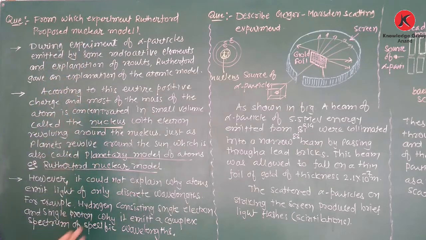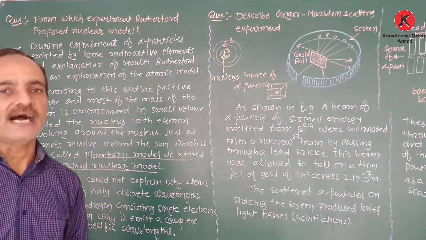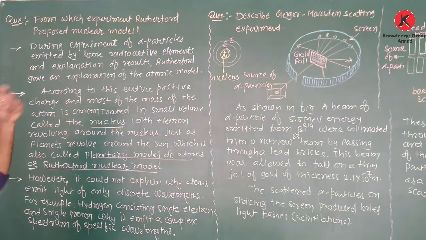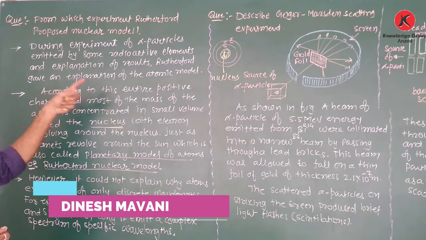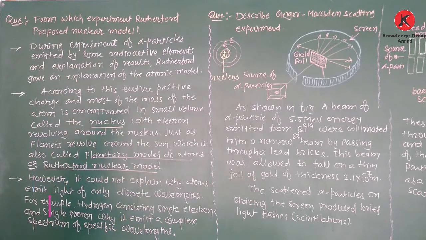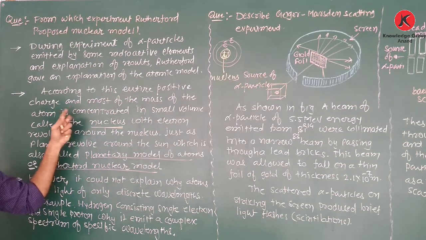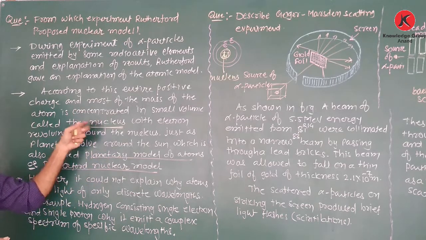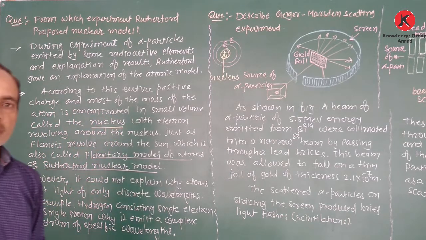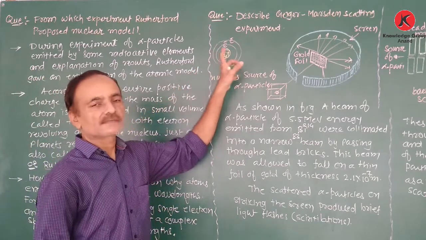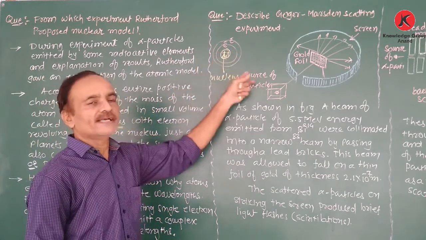Again, from which experiment did Rutherford get the idea for the atomic model? During the experiment of alpha particles scattered by some radioactive elements, and the explanation of results, Rutherford explained the atomic model. According to Rutherford, the entire mass of the atom and all positive charge is concentrated in a small volume known as the nucleus, with electrons revolving around the nucleus like planets revolve around the sun.